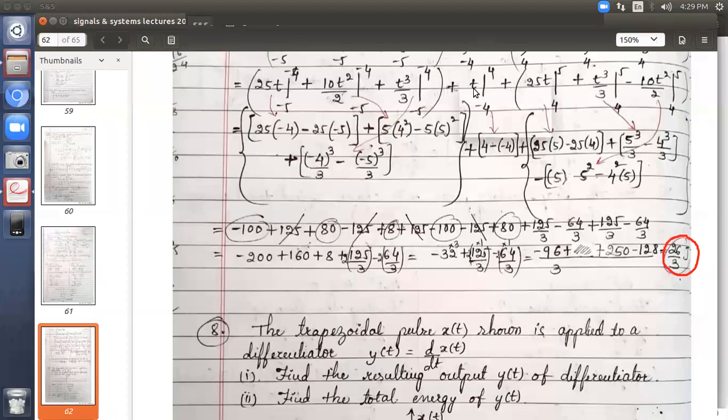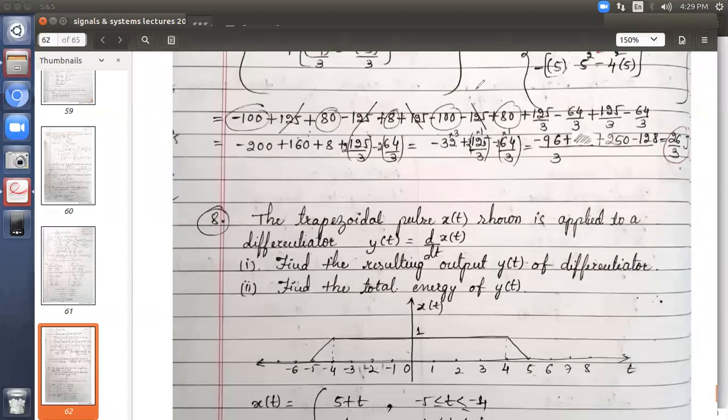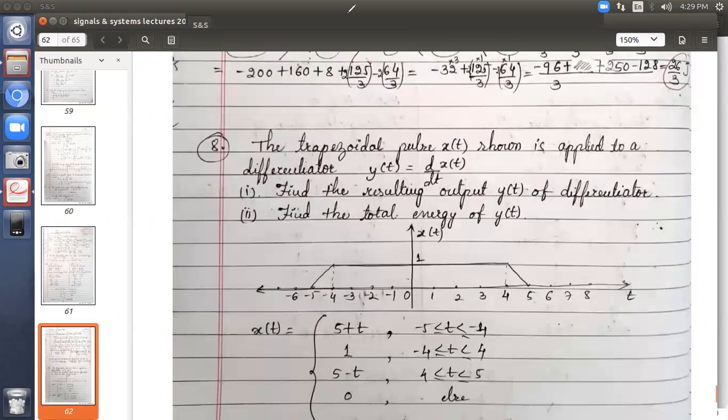Okay, continuing the discussion, this is one more question from your Simon Haykin exercise textbook problem. The same trapezoidal pulse which we discussed in the 7th question, if we apply this to a differentiator. I had told you when I was discussing some of the basic operations performed on the signals, we have done addition, scaling, subtraction, multiplication.